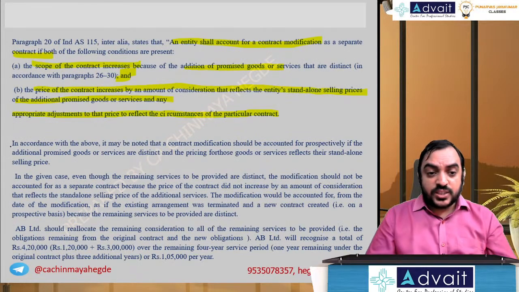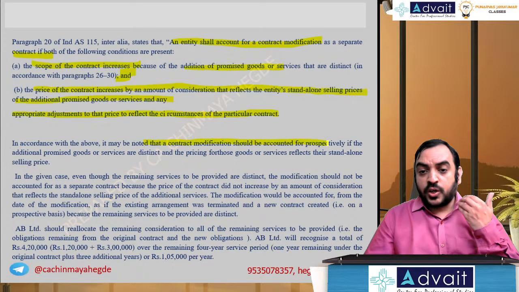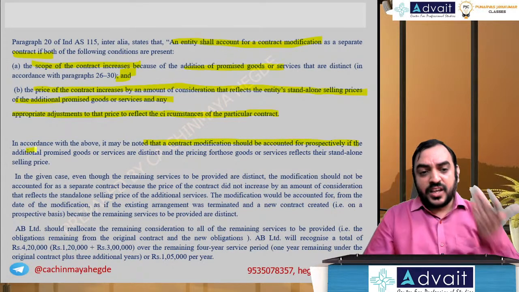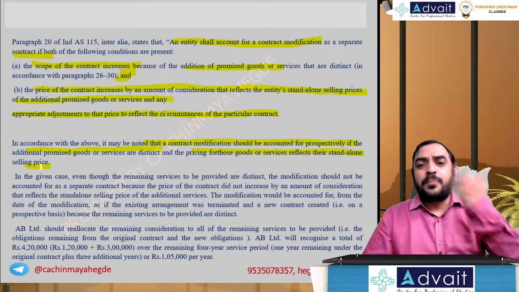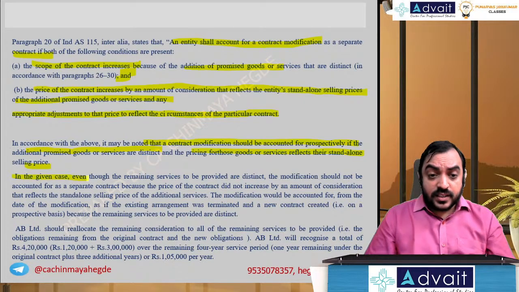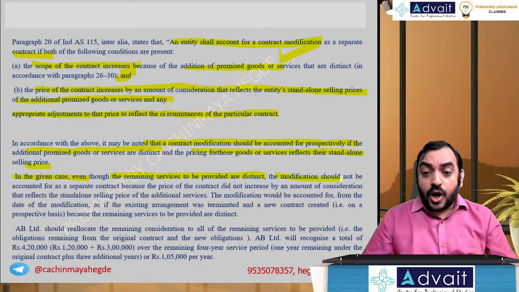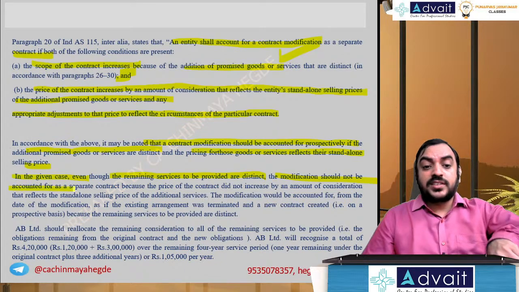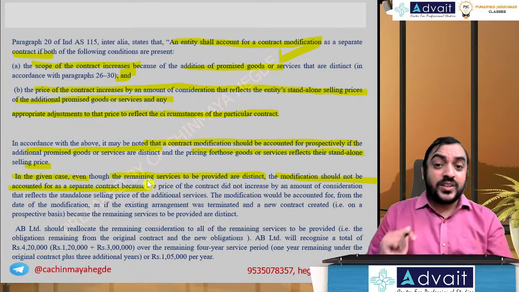So in accordance with the above, it may be noted that the contract modification should be accounted for prospectively. If additional goods are distinct and the price reflects the standalone selling price, and it is a separate contract, account for it separately, with no modification of the existing one. In the given case, even though the remaining services are distinct, yes, first point satisfied, the modification should not be accounted for as a separate contract, because I told you just a distinct service is not sufficient.